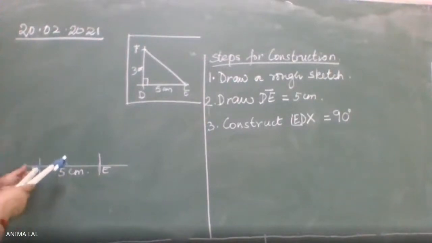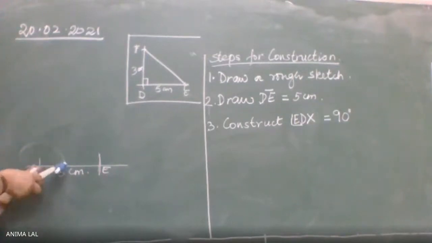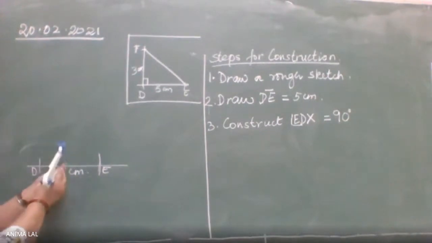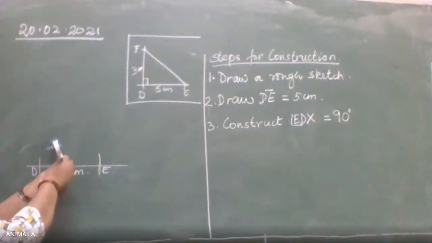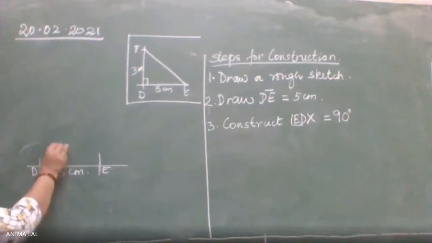Draw a big arc, crossing the line to get point 1. So this is our point 1. Without changing the radius, put your compass point at 1. Draw an arc to get point 2. So this will be point 2.